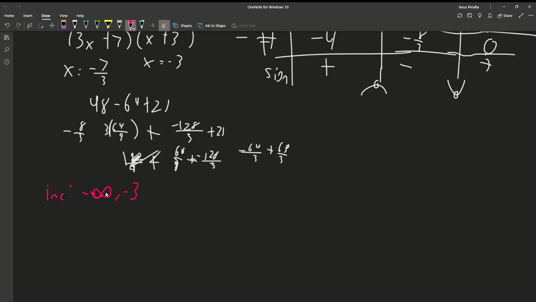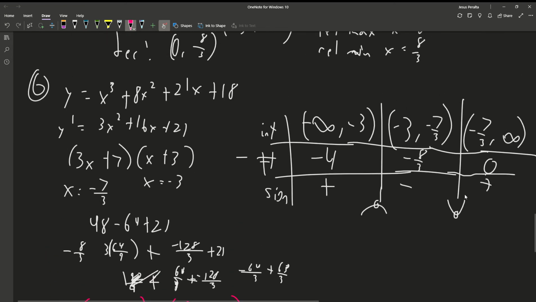Infinity to negative 3, and it is union from negative 7 over 3 to infinity. And then it is decreasing at negative 3 to negative 7 over 3. And then our relative, let me check if that's true.